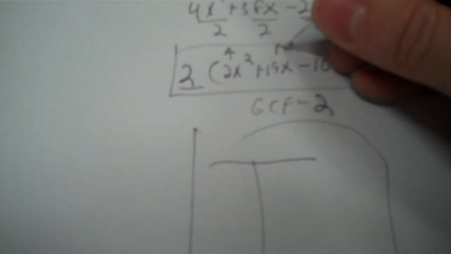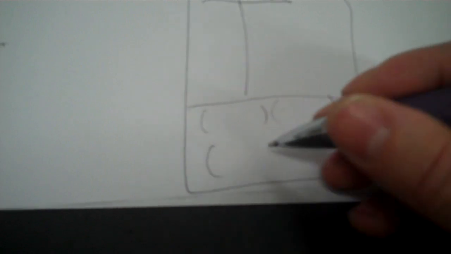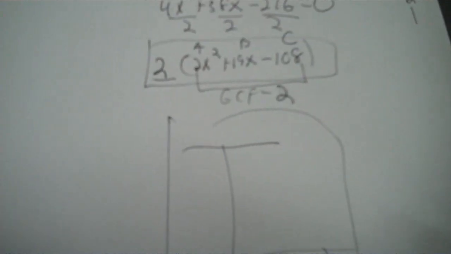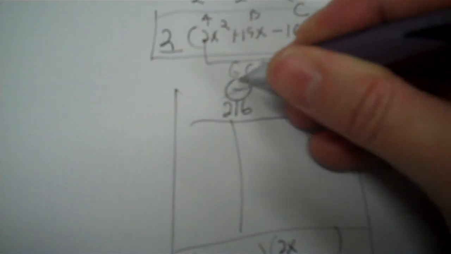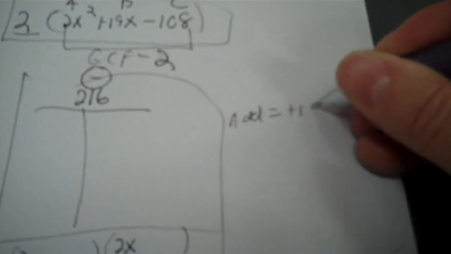Okay, now I ABC this. Now before I mess around on my table, A is a 2, so please make 2 sets of parentheses with 2x, 2x. So I take A times C. 2 times negative 108 is negative 216. And we're trying to add to get positive 19.